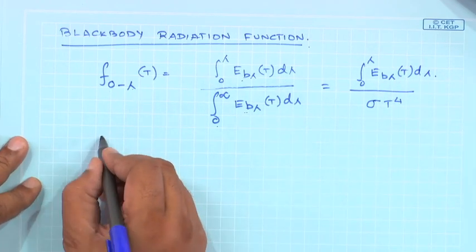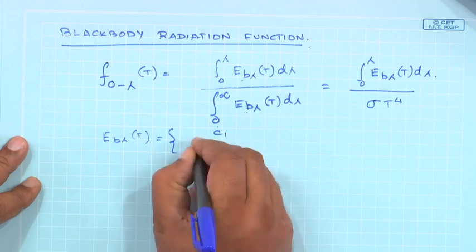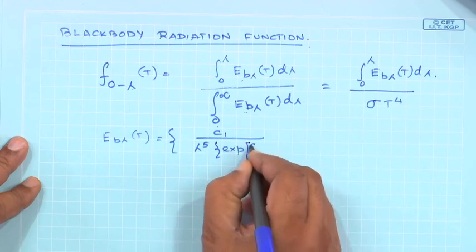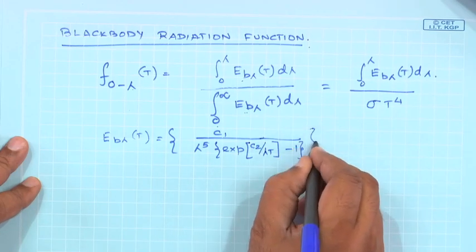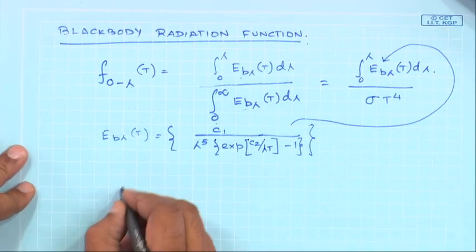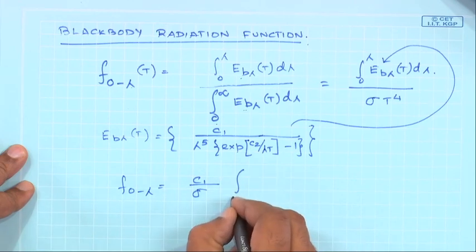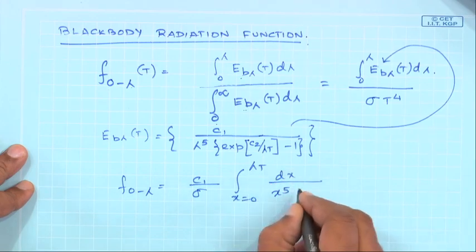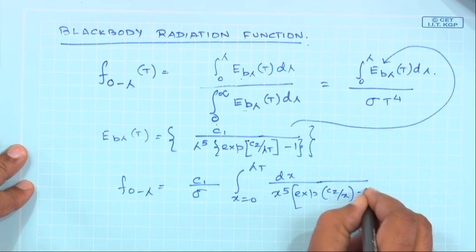So, if you introduce the expression of E b lambda T, which was as before, C 1 by lambda to the power 5 times exponential of C 2 by lambda T minus 1, and you do the analysis, what you would get is f 0 to lambda is C 1 by sigma, integral from x equals 0 to lambda T of dx by x to the power 5, the same way we have done before, exponential C 2 by x minus 1.